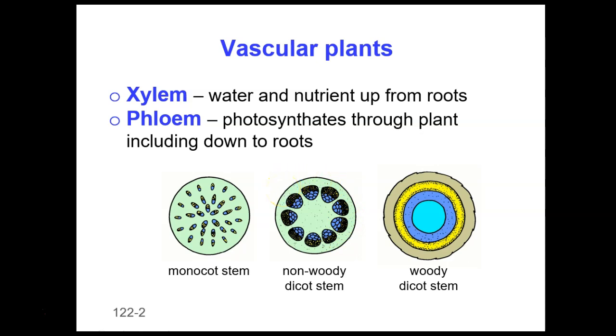Now remember, these are the plants that do have vegetative growth laterally, but they tend to die off from year to year. So we don't consider this wood, we just consider it vegetative matter. But then finally in the woody dicot stem, the center of this design is actually heartwood. It's cells that are no longer functioning biologically. And so then we see that the xylem and phloem are arranged in this circular pattern.